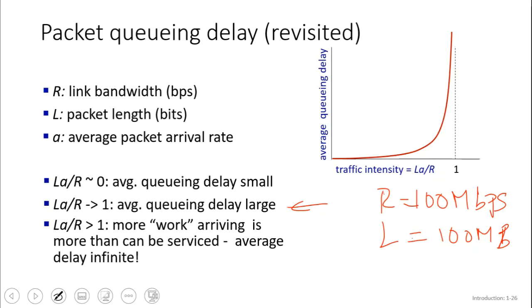Because the processing time will be close to 1, and that won't be good. So the packet queuing can take long. Now if we have a packet size which is larger than the transmission rate, that will take forever.